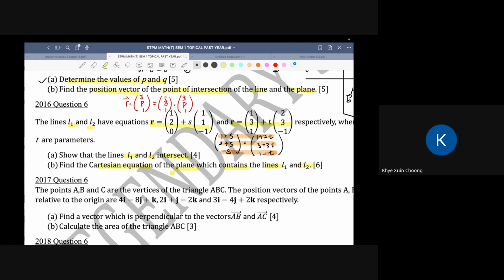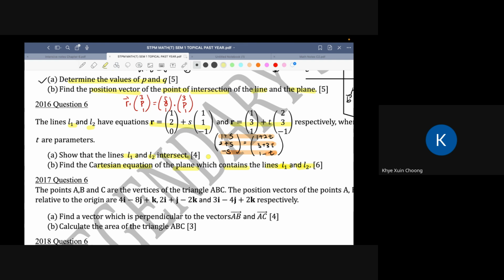Actually it does affect it. Because in part A, when you try to show that they intersect, actually you found a point of intersection now.